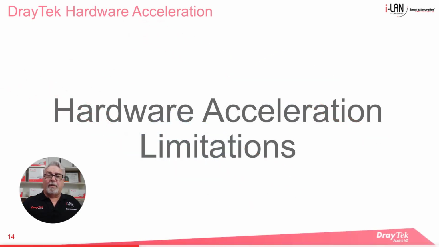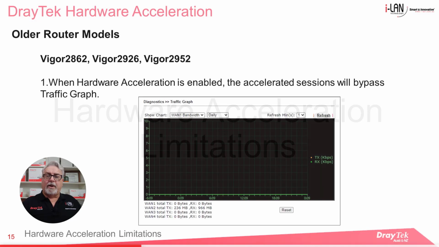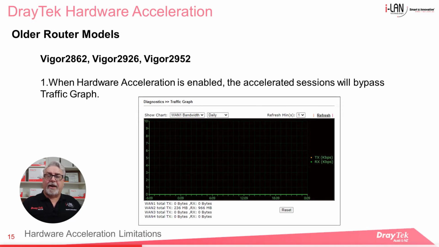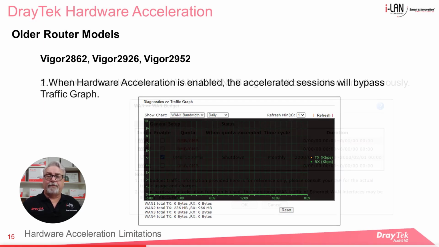There are a number of limitations we should mention when using hardware acceleration, especially in older router models. In older model routers such as the VIGA 2862, 2926 and 2952 series, when hardware acceleration is enabled, the traffic graph is bypassed, so you will not see accurate recording of WAN bandwidth usage.